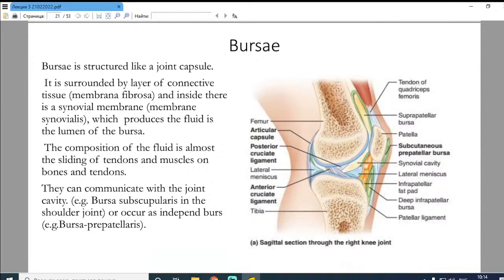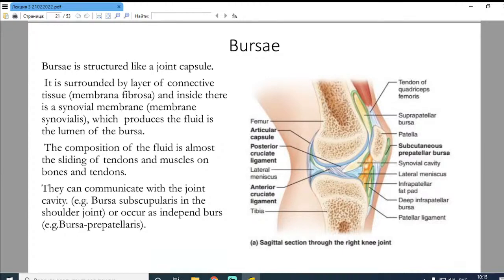Bursa prepatellaris. What you see? Suprapatellar bursa. This is subcutaneous prepatellar bursa. And you see deep infrapatellar bursa. This is only synovial cavity. This is suprapatellar bursa.